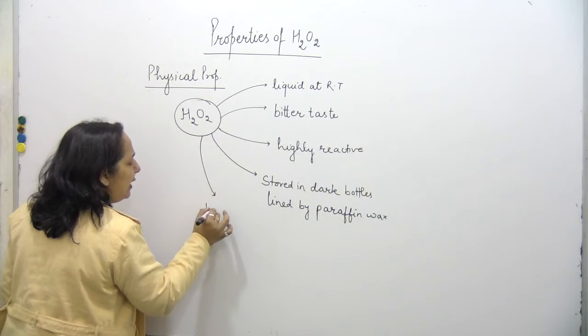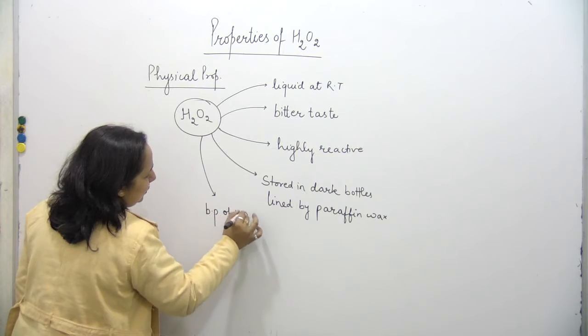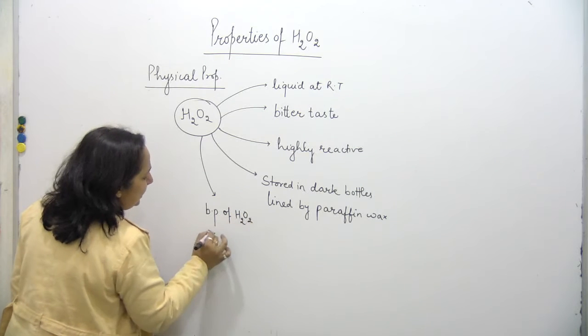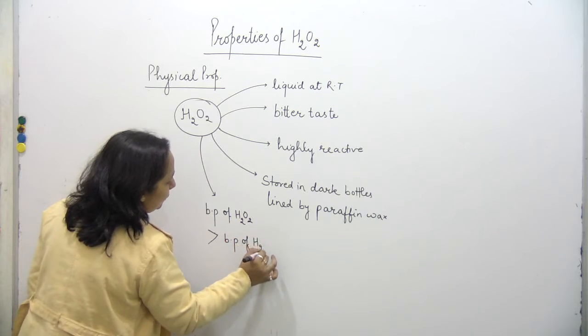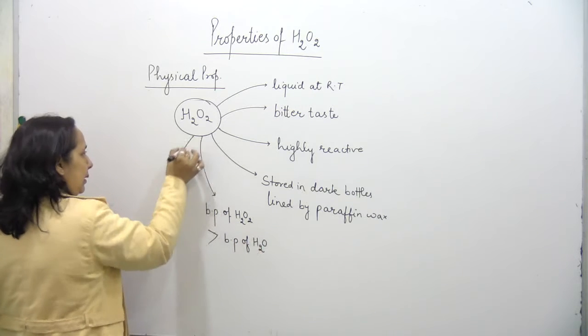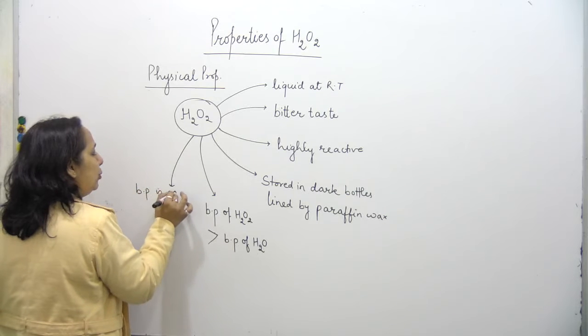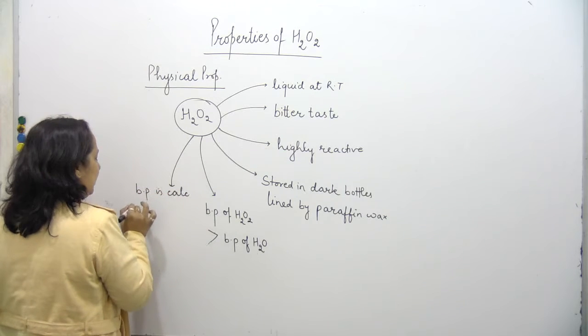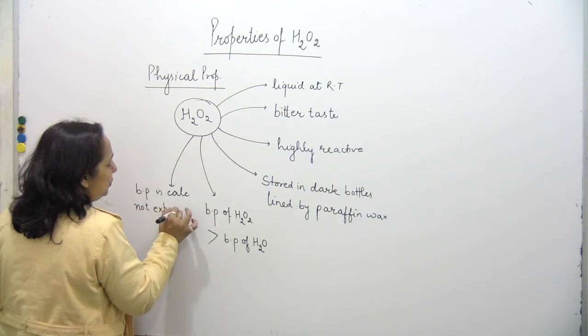Boiling point of hydrogen peroxide is greater than boiling point of water. Boiling point is calculated, not experimentally observed.